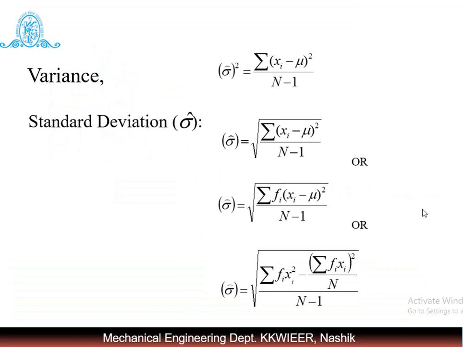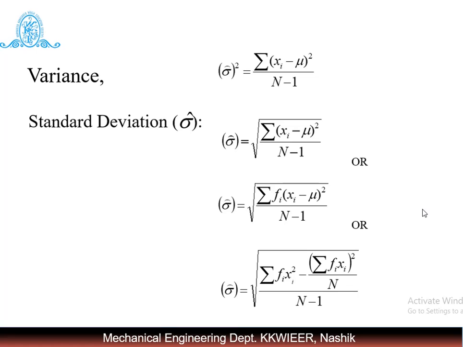The variance is sigma squared, that is summation of xi minus mu, bracket square, upon n minus 1. And the standard deviation, sigma, is equal to under root of summation of xi minus mu, bracket square, upon n minus 1.